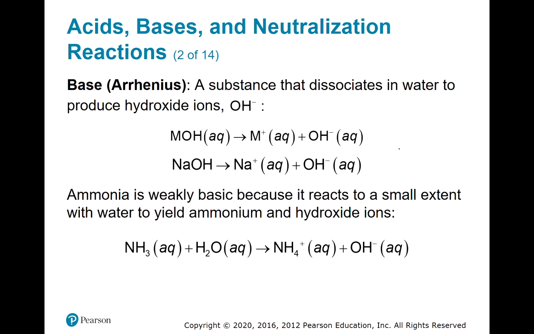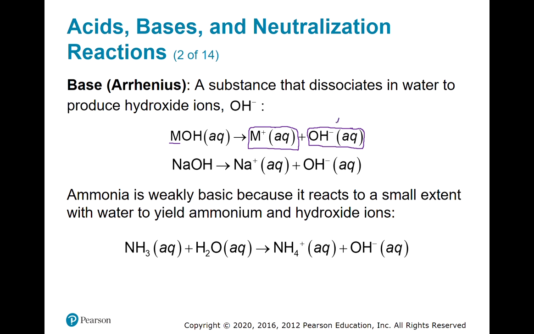And a base is a substance that dissociates in water to produce a different kind of specific ion. For acids, that was H plus. For bases, the characteristic ion is going to be hydroxide, or OH minus. And in general, if we have some generic cation, say M, paired with hydroxide ions in aqueous solution, if we have a strong base, so one that dissociates completely, we'll have some sort of cation, again it doesn't really matter, plus the hydroxide ion, OH minus.